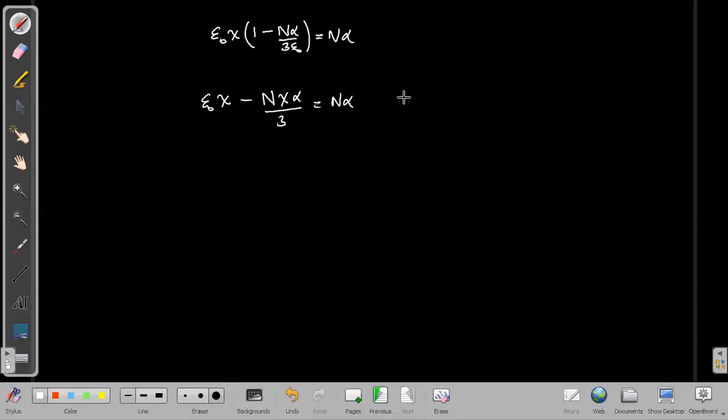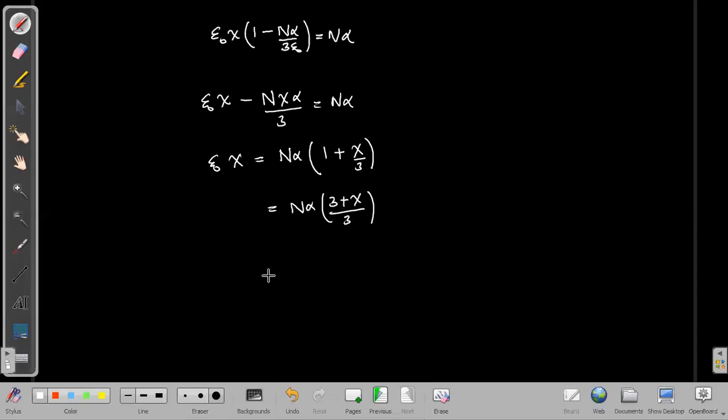If you take the second term to the right side, this becomes epsilon 0 chi equals N alpha times 1 plus chi by 3, or N alpha times 3 plus chi by 3.